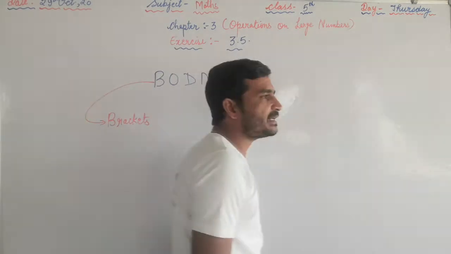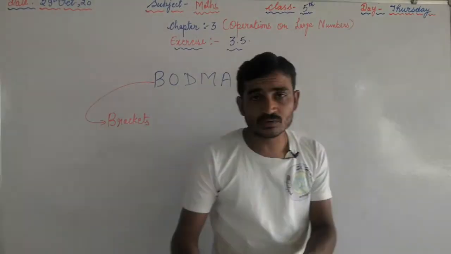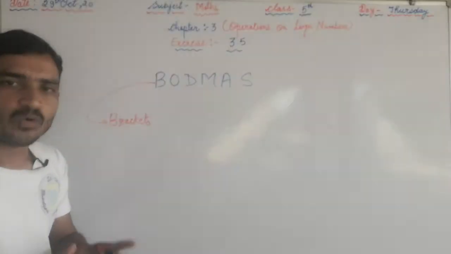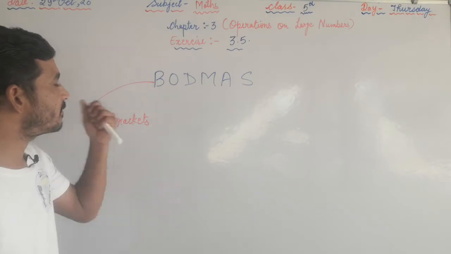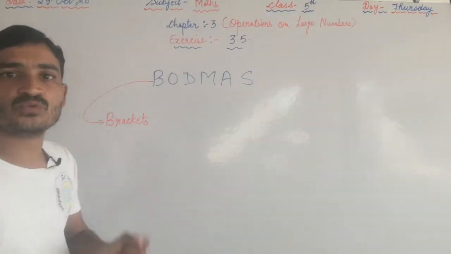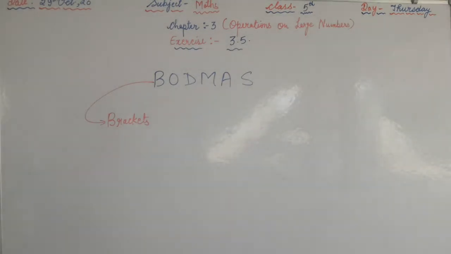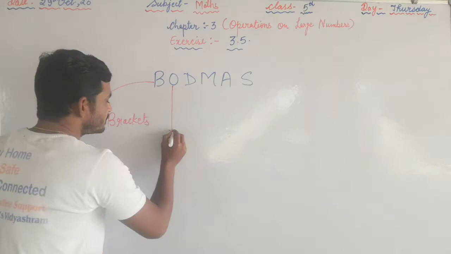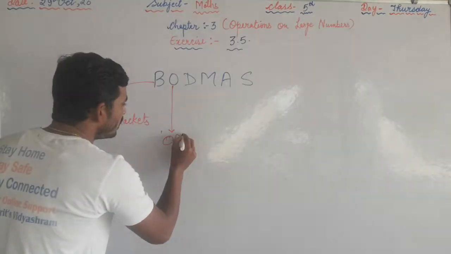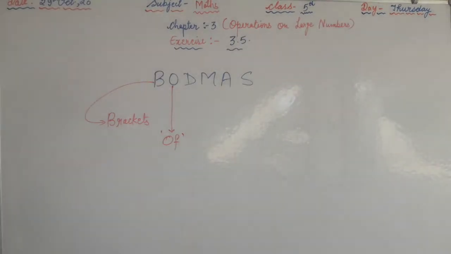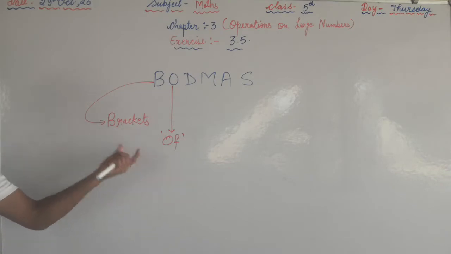If a question has brackets, first of all you have to solve that bracket. O stands for of, which means you solve all the brackets which are in the question.